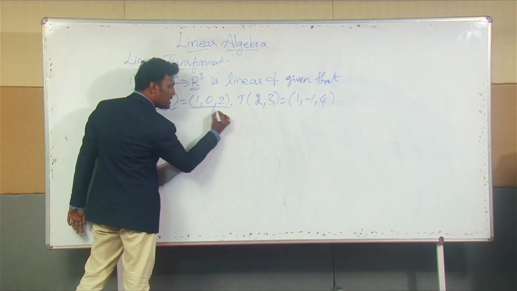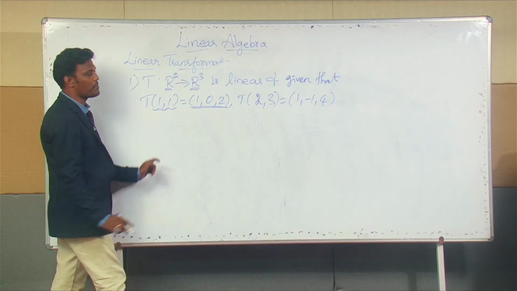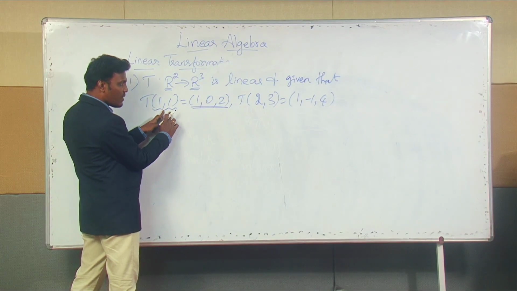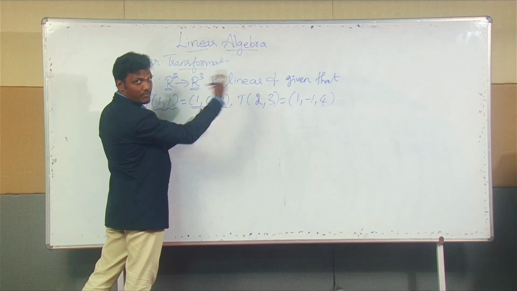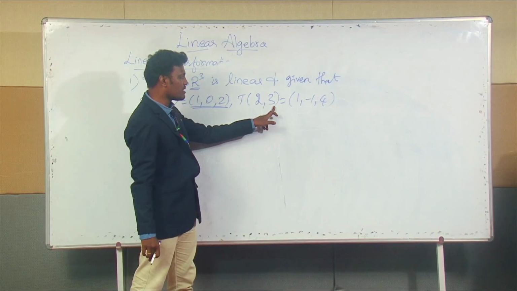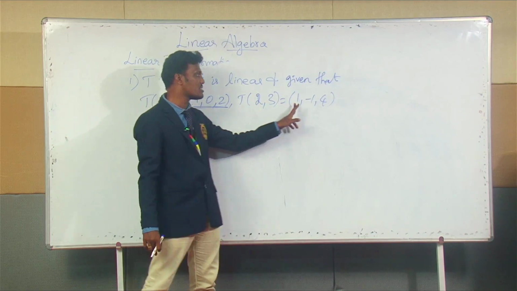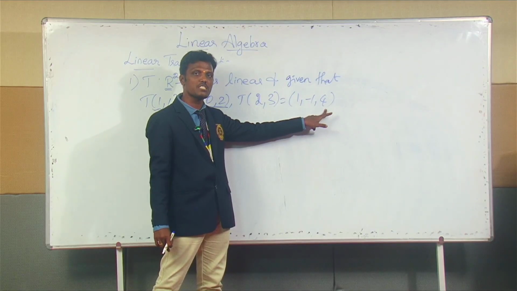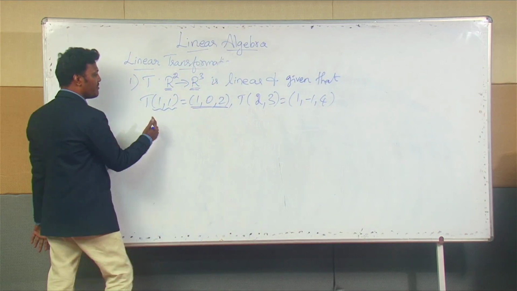See the triplets. This is the meaning of transformation from one vector space to another vector space. So T maps the vector space V to the image in another vector space R cube. Similarly, 2 comma 3 belongs to R square, and the image under the T transformation, 1 comma minus 1 comma 4, belongs to the other vector space R cube. So this is the data given.